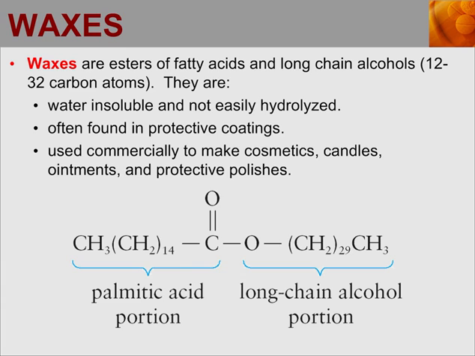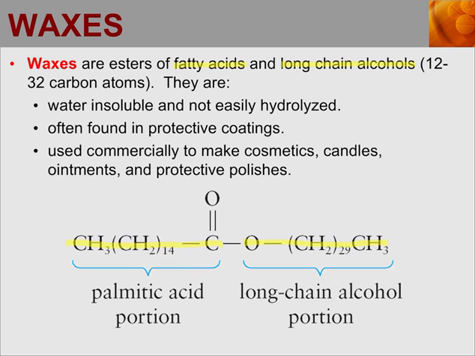This is going to be pretty short, but waxes are esters of fatty acids and long chain alcohols, which will usually have 12 to 32 carbons in them. So down below is an example of an ester that is a wax. So we've got our portion from an alcohol here, and we have our portion from the fatty acid.